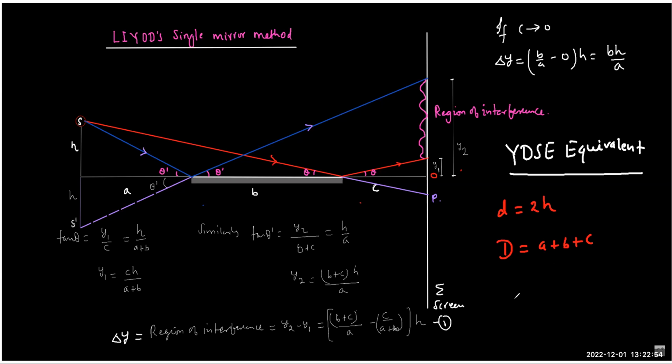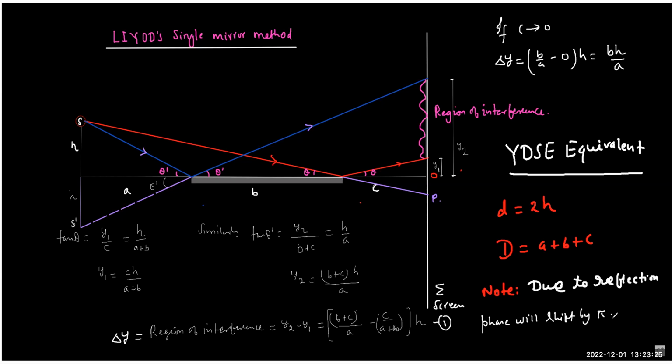So the point to be noted here is, due to reflection, the phase will shift by pi.